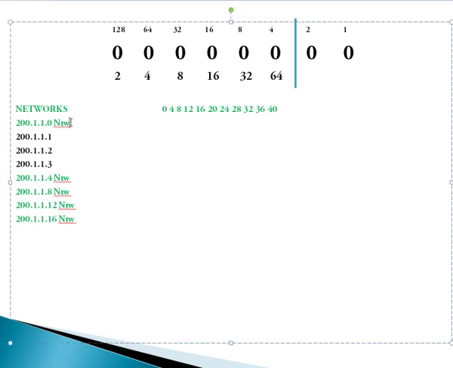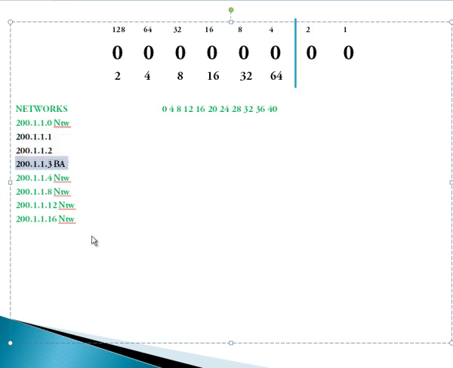From this network, we can only use these two addresses, because the address before the next network is the broadcast address. We cannot use that address. We cannot use the network, and we cannot use the broadcast address.